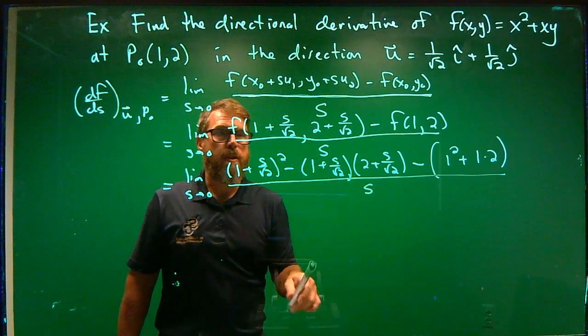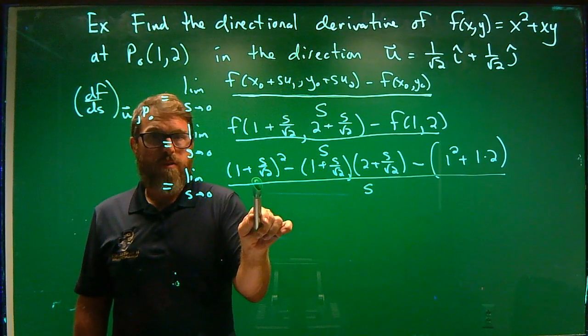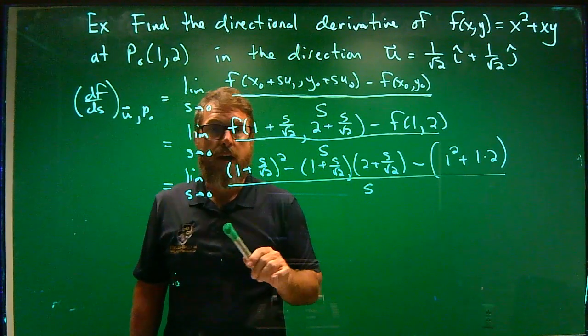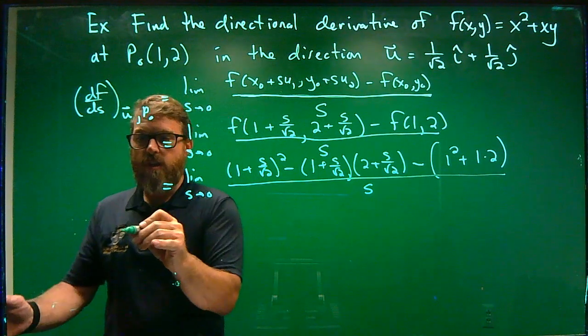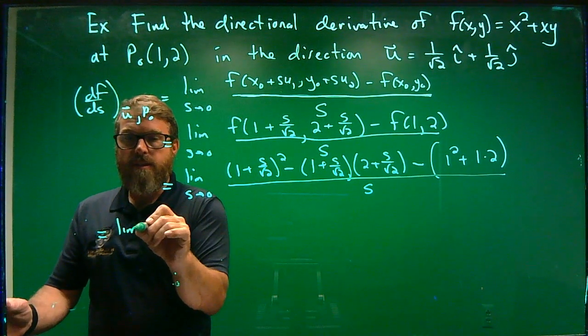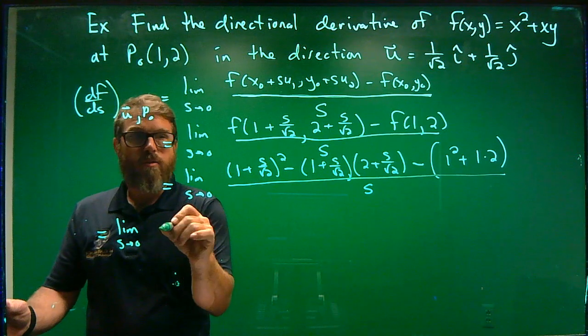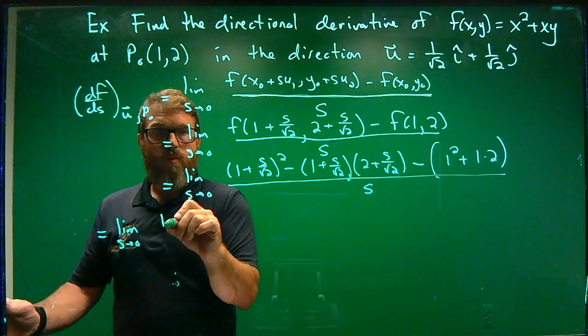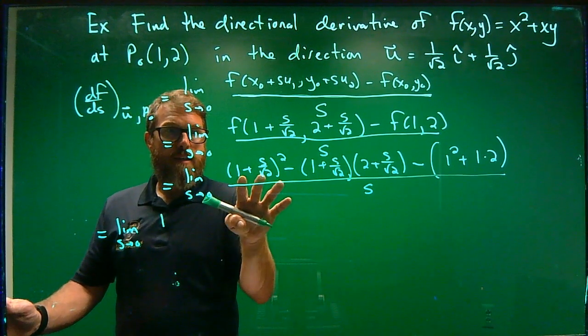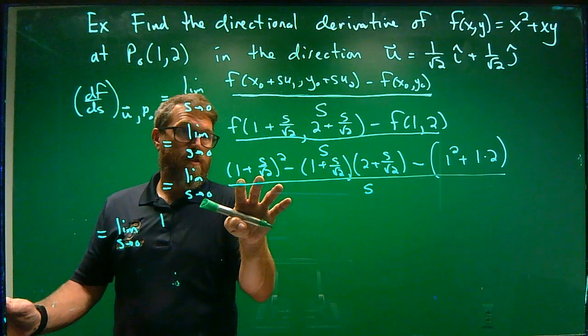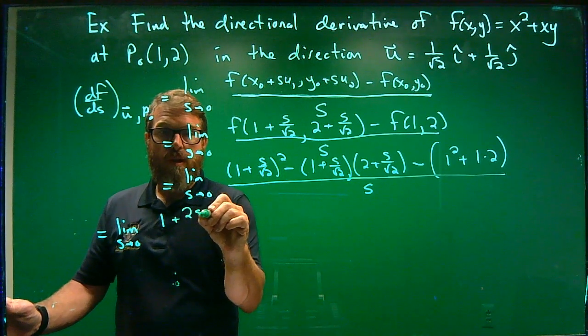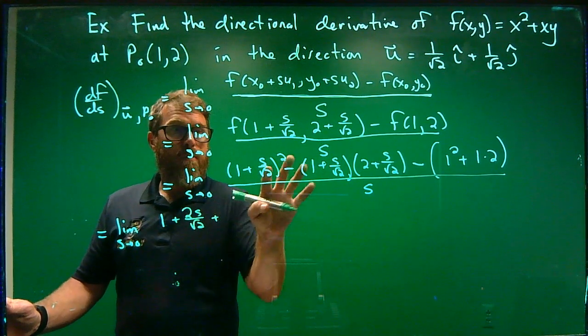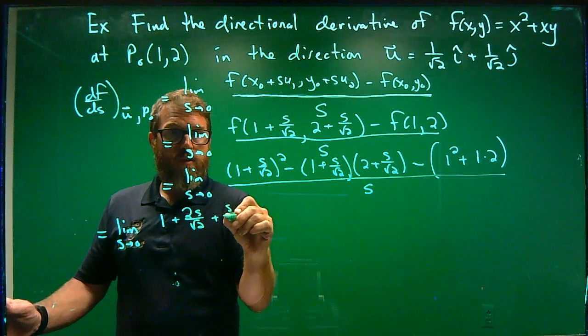So doing some algebra here, I'm going to square this binomial and multiply those two binomials. So this is going to be equal to the limit as s goes to 0. So 1 times 1 would be 1. Outside and inside is going to give us s over root 2 plus s over root 2, so plus 2s over root 2, plus this thing squared, so s squared over 2.